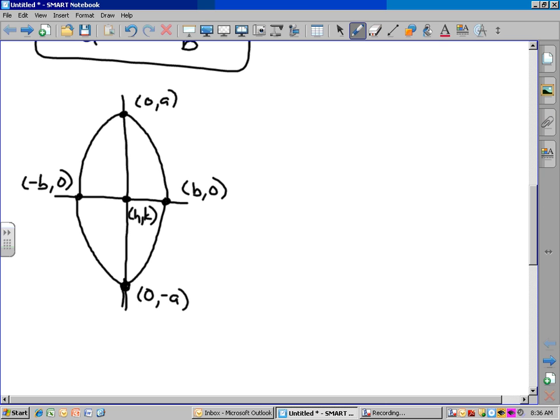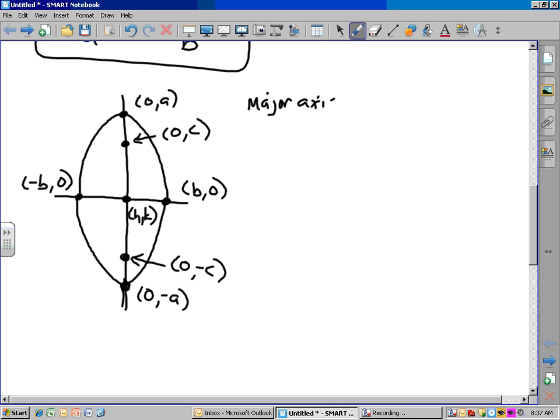And the foci will change because the foci always go on the major axis: (0, c) and (0, negative c). Major axis length does not change, still 2a. Minor axis length does not change, still 2b.